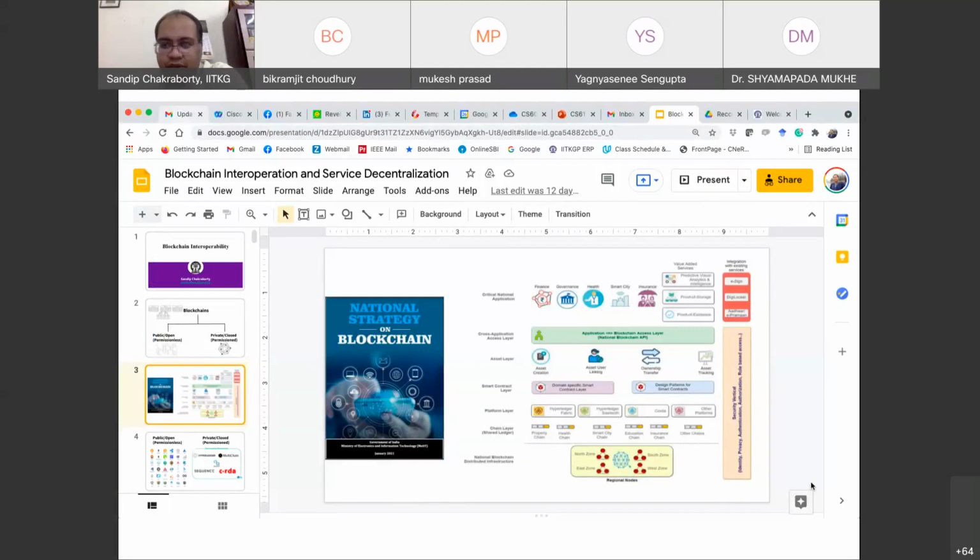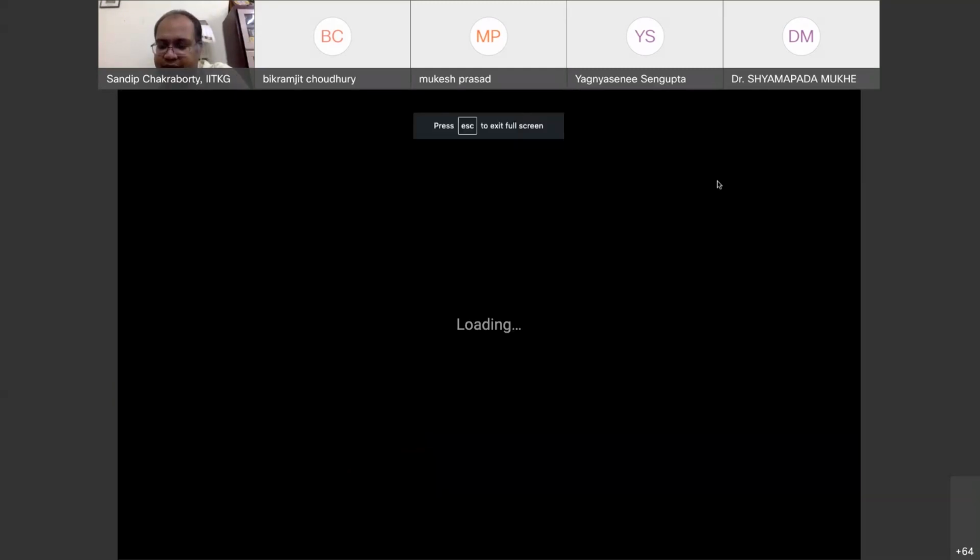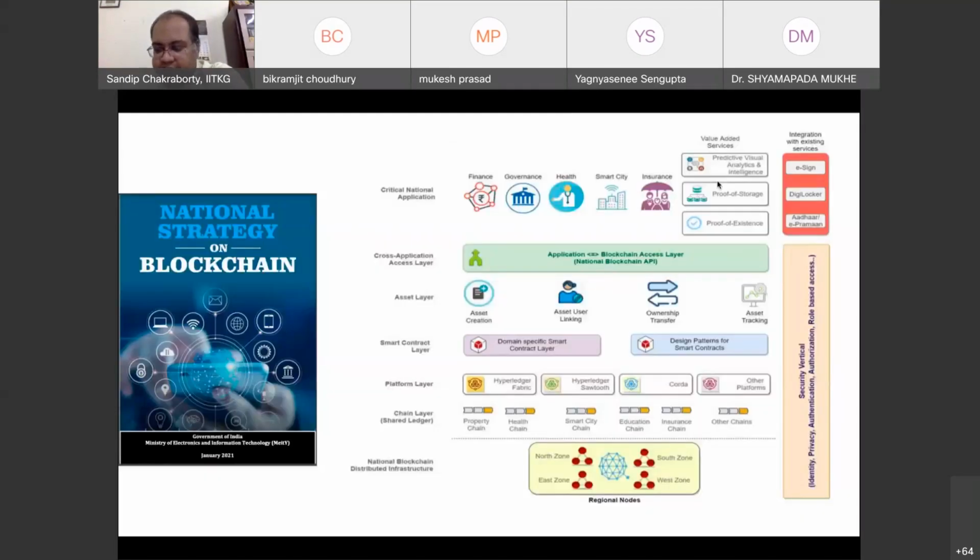Now, I just want to point to the National Strategy on Blockchain. I think many of you already know that in January 2021, the Government of India, under the Ministry of Electronics and Information Technology, published this National Strategy on Blockchain, and in that article, they explained the architecture that they are going to support on top of blockchain.